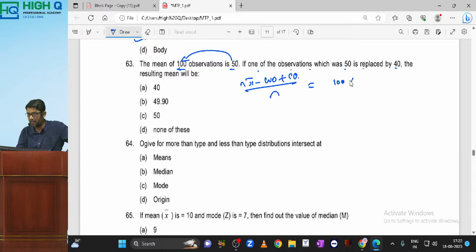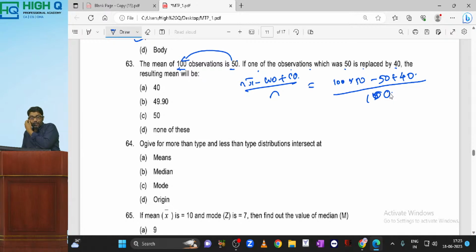So 100 into 50 minus 50 plus 40, divided by 100. That is 5000 minus 10, 4990 divided by 100, which is 49.9.